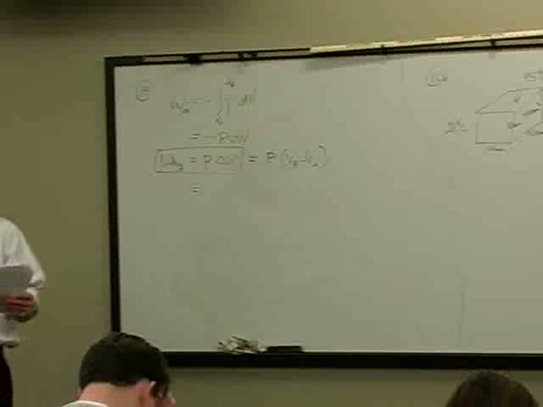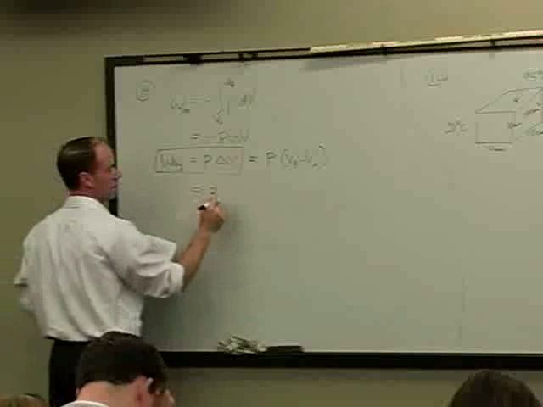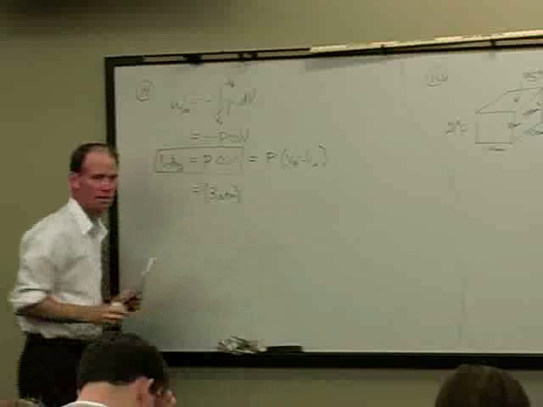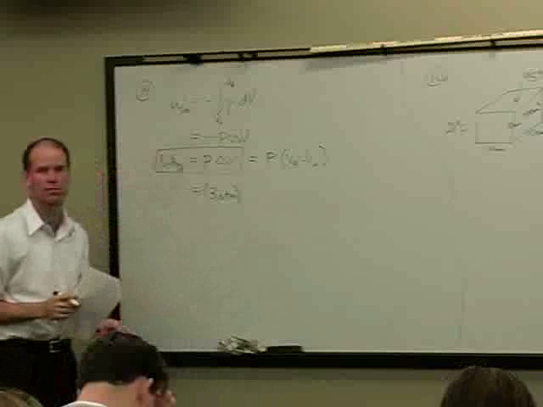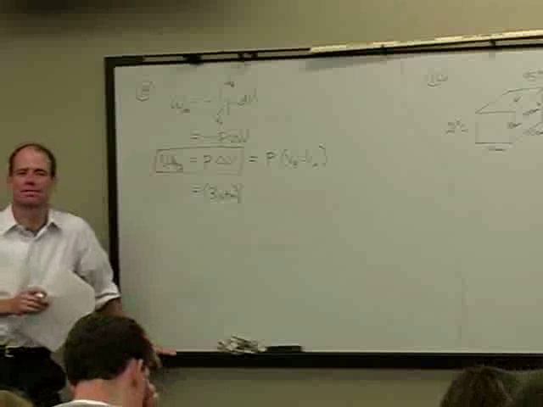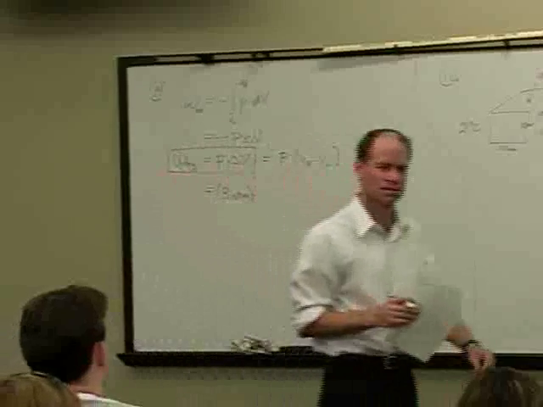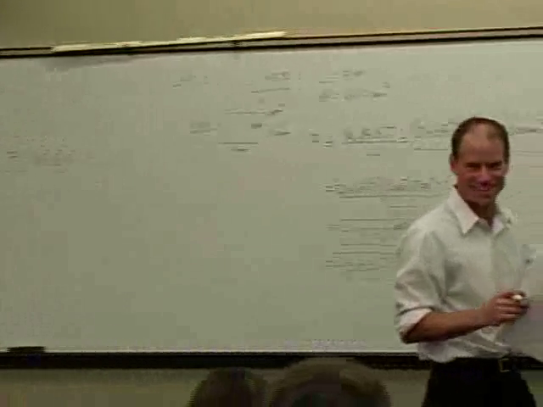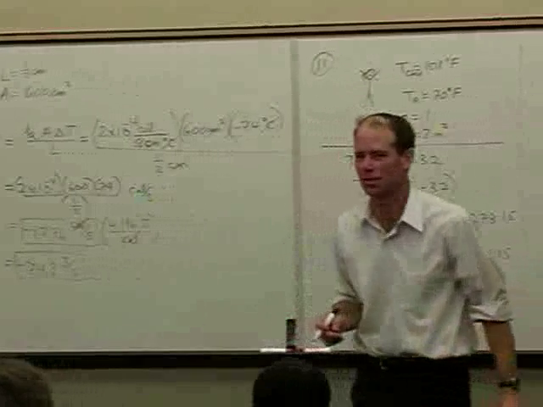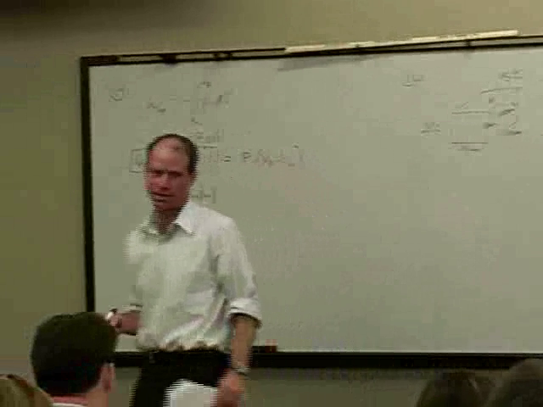Expands at a constant pressure of 3 atmospheres. So we have 3 atmospheres, which I'm going to convert immediately into pascals, newtons per meter squared. What is that conversion? 1.01.